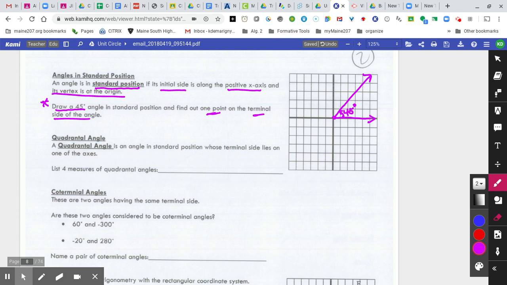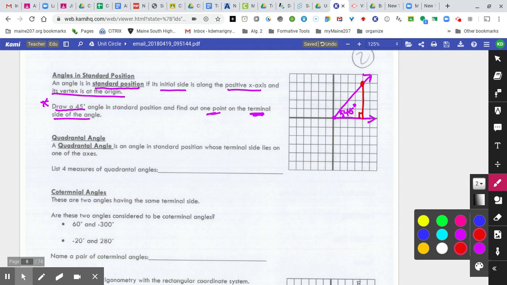So I've drawn a 45-degree angle, and it asked me to find out one point on the terminal side of that angle. Okay, so in order to find one point, I'm going to come to my initial side, and I'm just going to draw a right angle up. You can do it wherever you want to.